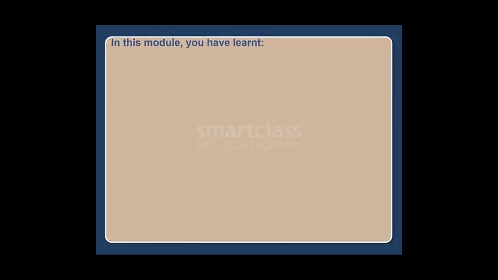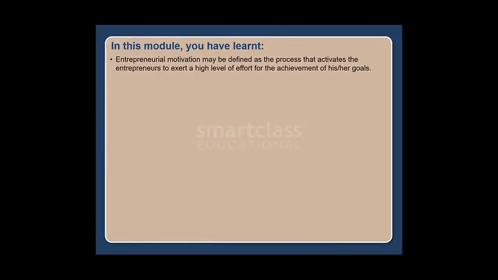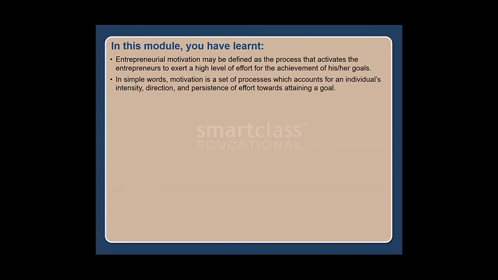In this module, you have learned entrepreneurial motivation may be defined as the process that activates the entrepreneurs to exert a high level of effort for the achievement of his or her goals. In simple words, motivation is a set of processes which accounts for an individual's intensity, direction, and persistence of effort towards attaining a goal.